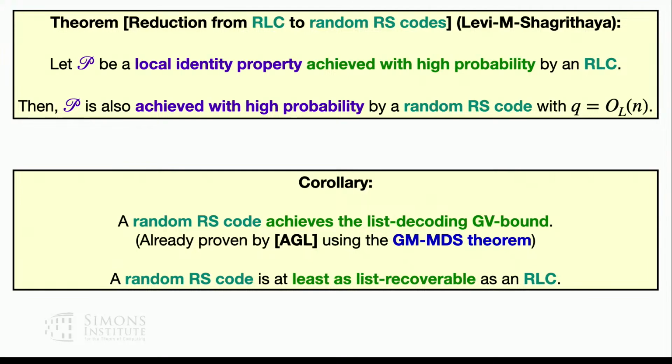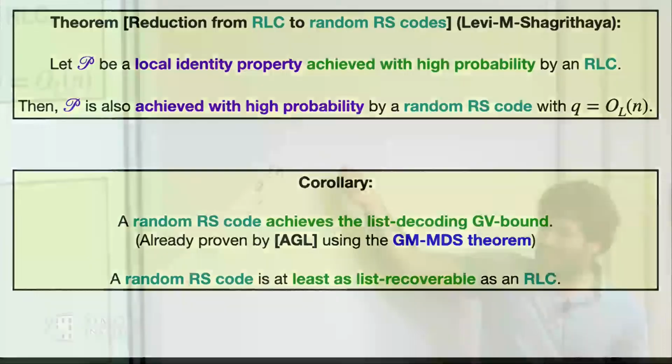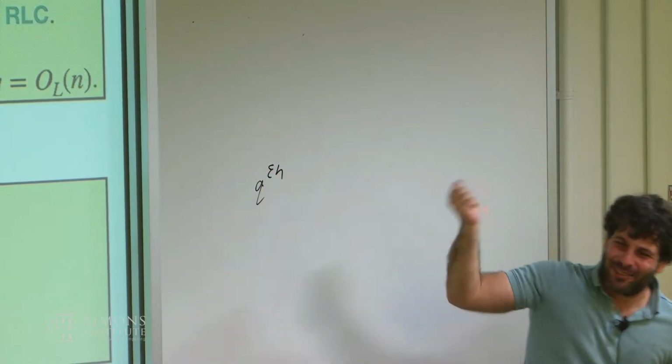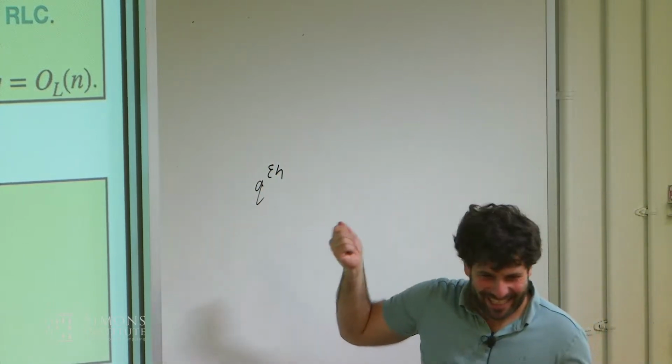So you have more types, and as I showed before, the number of types you want to union bound over needs to be like Q to the epsilon n. Because an epsilon change in the rate allows you to overcome this number of types, Q to the epsilon n. So if you increase Q, this becomes larger, so you can do a union bound over more types. That's really the reason you need this.